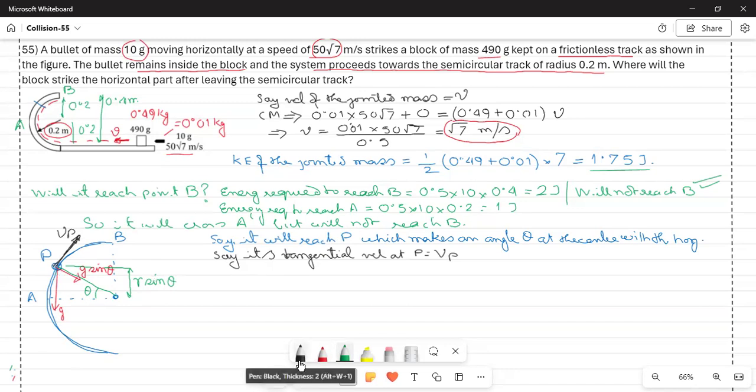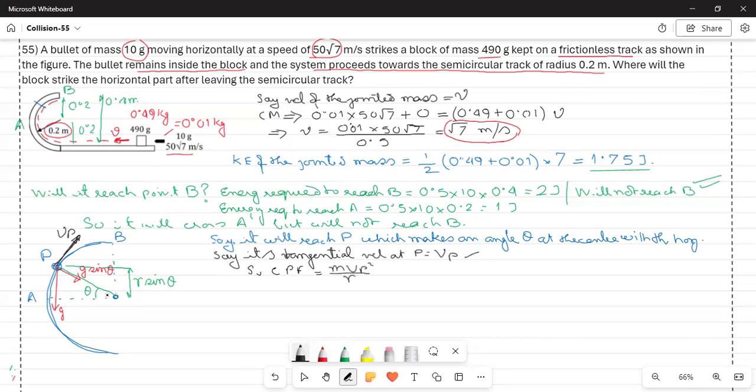Now, coming to the problem, its tangential velocity we have said vp. So centripetal force is equal to mvp square by r.